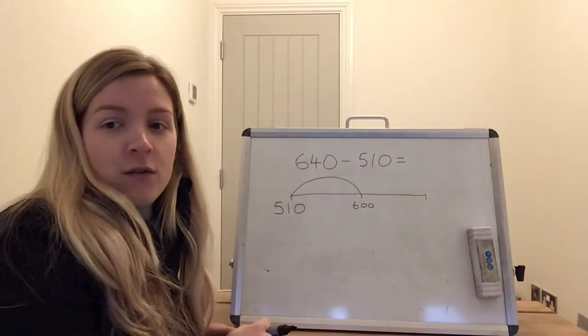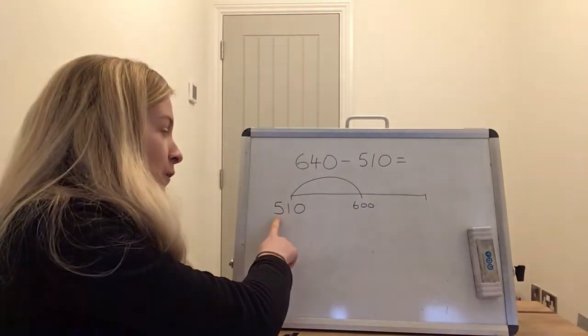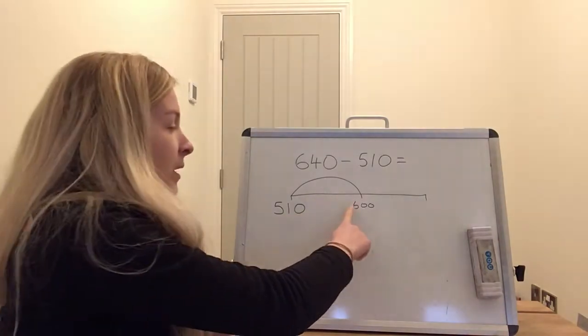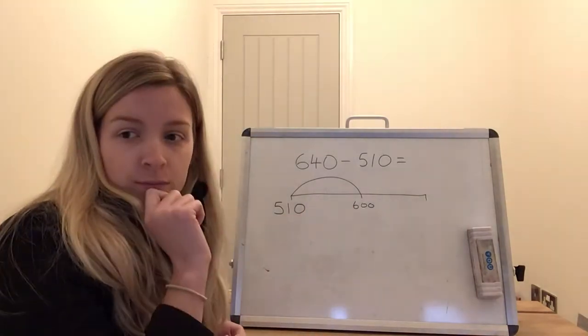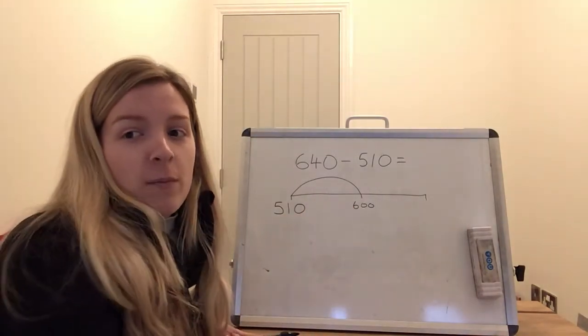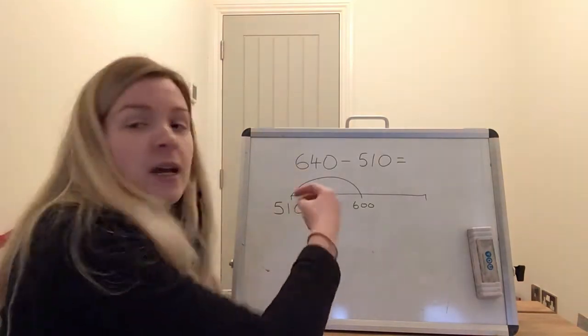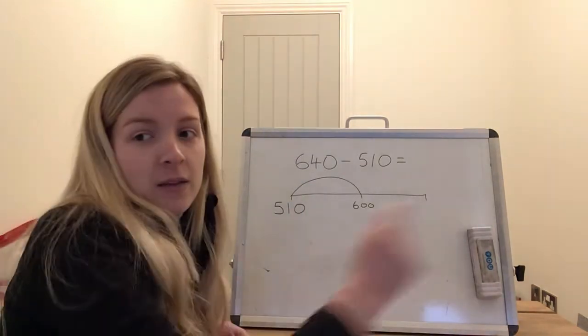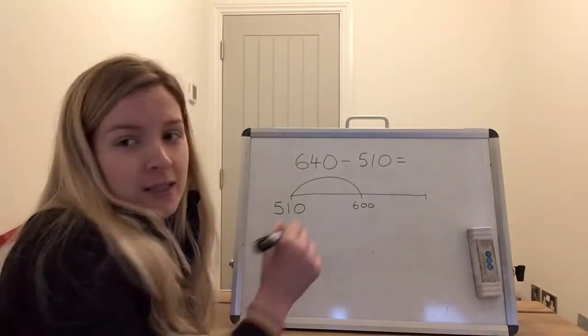How many have I jumped to get from 510 to the next 100? Similarly, if you know your number bonds, how many tens make the next 100? 90, exactly.